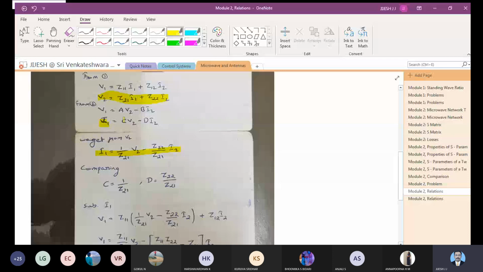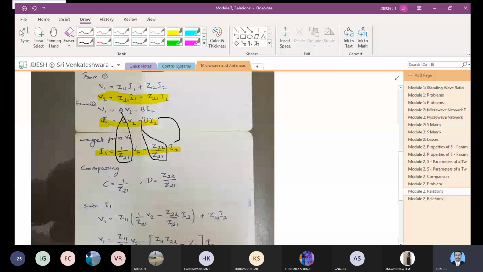So you will get that C can be written as 1 by Z21 and D can be written as Z22 divided by Z21. It's pretty easy. So we have completed that.